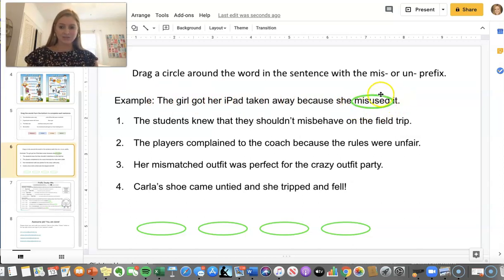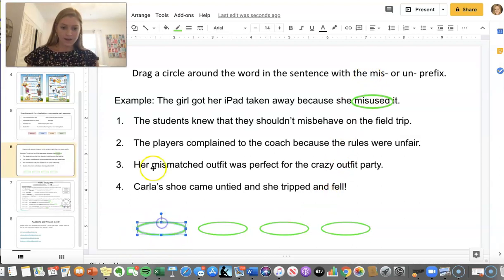You can see that I dragged my green circle up here around misused because it has that miss prefix. Then when I read these 4 sentences, I will click and hold on this green circle like I did on the last slide, and I will drag it up around the word that I find. So you're looking for the words that have miss or un.